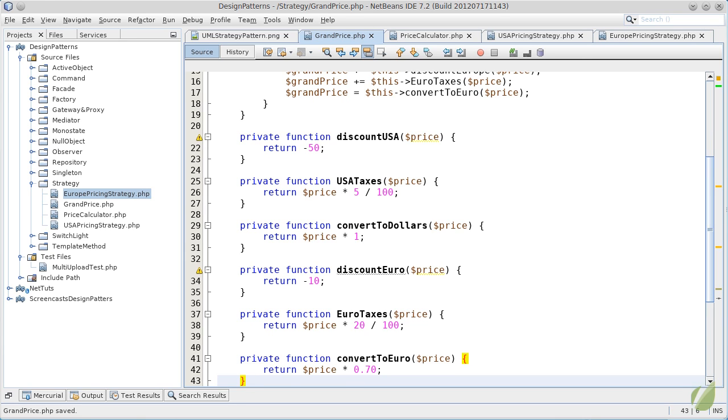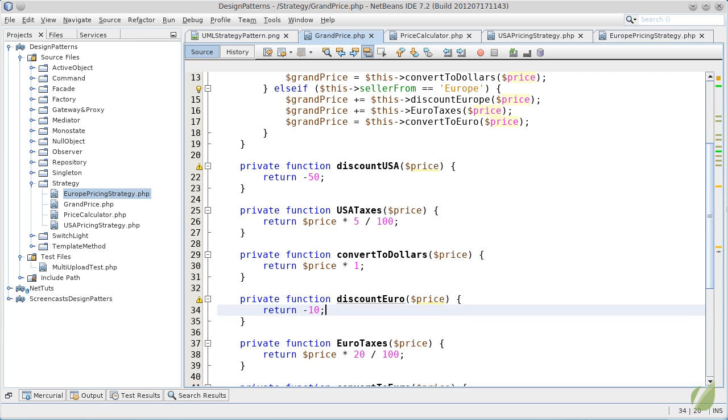Please note that I did only one-line implementations for each method. In real life, these computations would be much more sophisticated depending on our logic. And I also missed that here should be discount Europe.